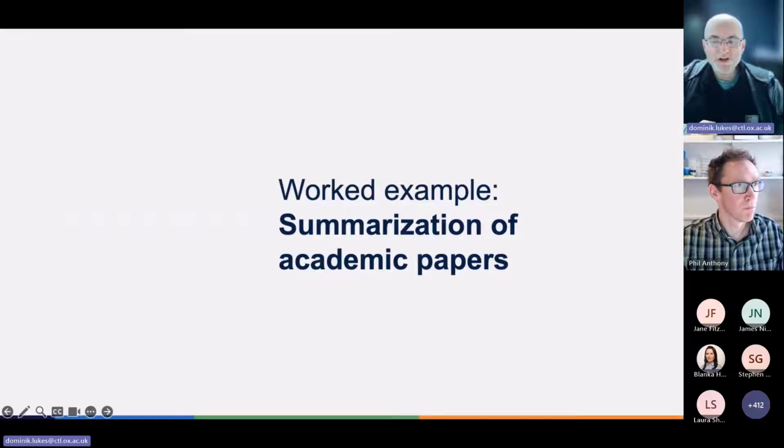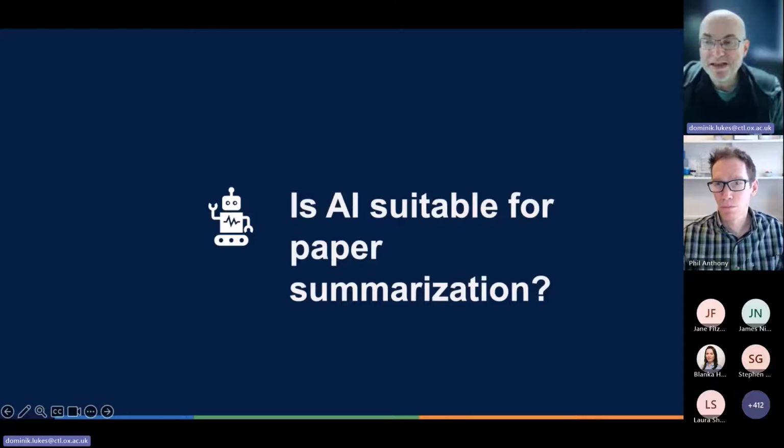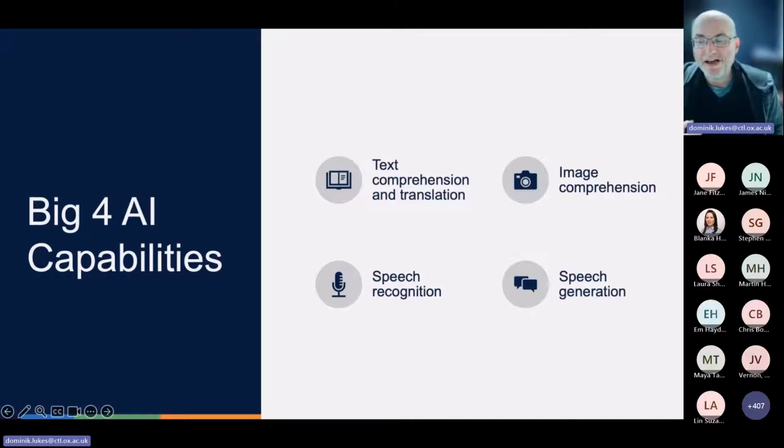So let's go through a quick worked example of what that could look like when we talk about the summarization of academic papers. Is AI suitable for that? We know AI has these big 4 capabilities. I've always talked about generative AI: text comprehension, image comprehension, speech recognition, speech generation.